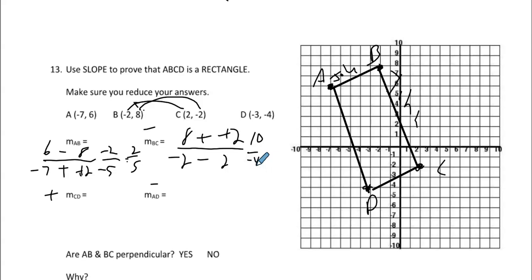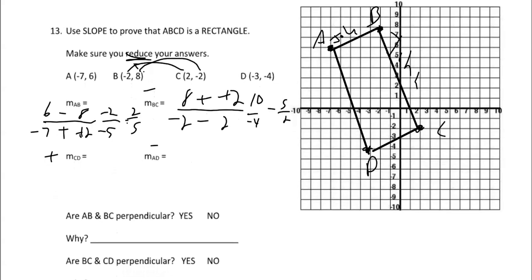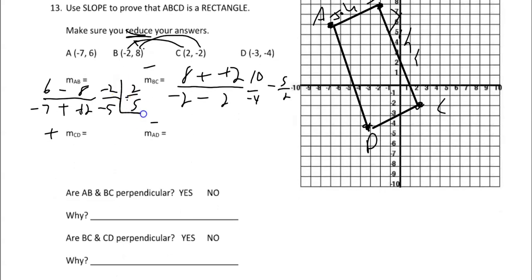That should also reduce. It says reduce your answers, so they're both even, so that's negative 5 over 2, or 5 over negative 2. It doesn't matter where the negative is. But the important thing is it's negative. And also notice 2/5 and negative 5/2 are opposite reciprocals.